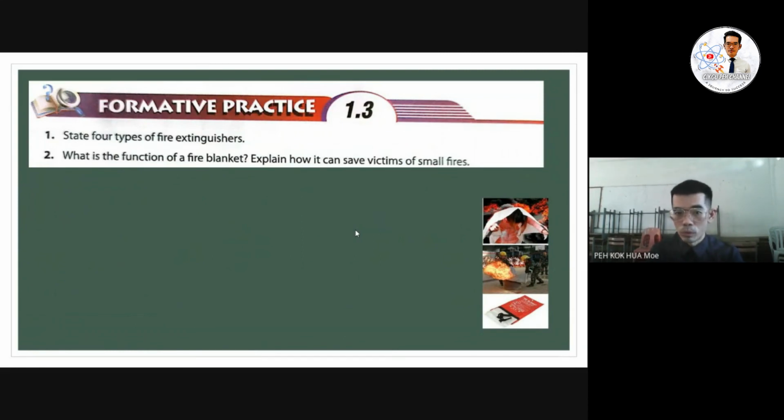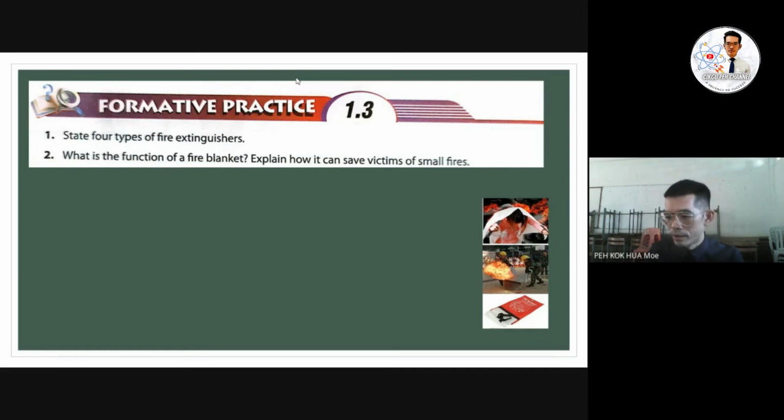So let us discuss the formative practice of 1.3. State 4 types of fire extinguisher. What are the 4 types of fire extinguisher you have already learned in subtopic 1.3? Yes, foam, yes Sharon, good, well done.